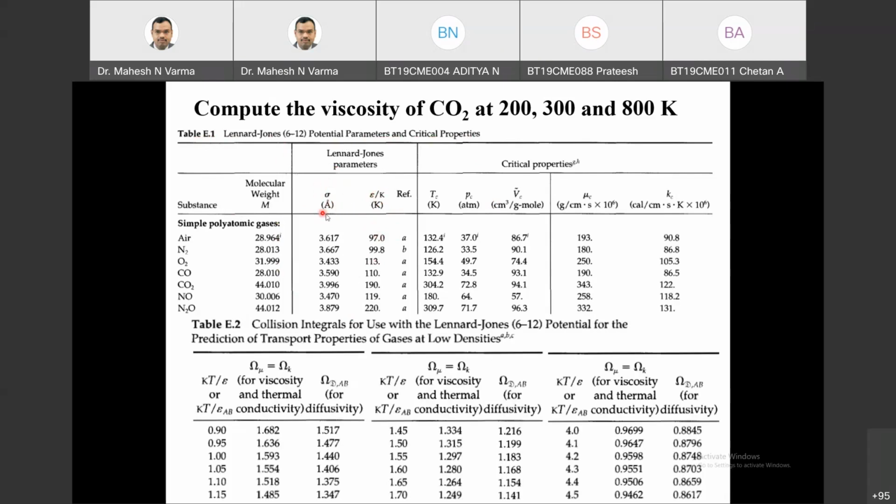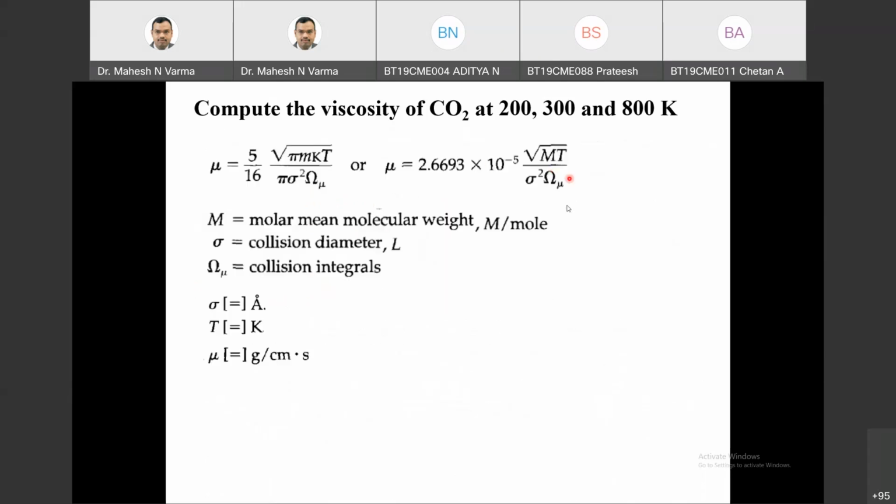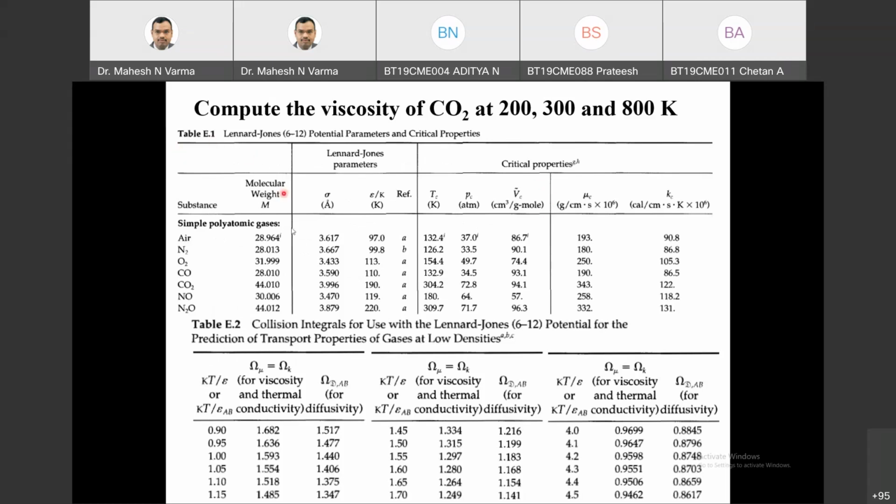Sigma is the Lennard-Jones collision diameter. Here we are looking at carbon dioxide. For carbon dioxide, sigma is 3.996 angstrom. Critical properties are not needed here, so I can get this from table E.1.